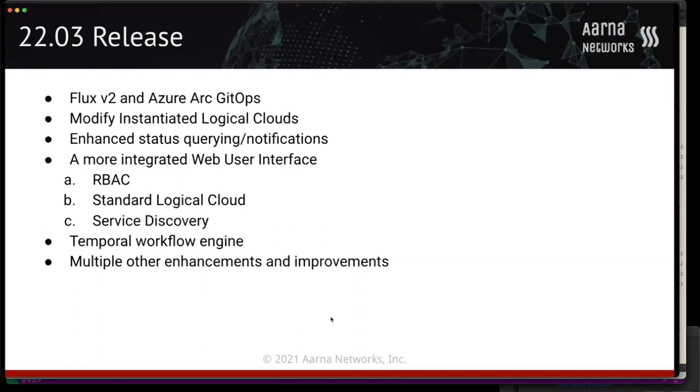This is an enhancement. The third one is again an enhancement in the status query and notification part. In Emco, the status of the resources created by Emco is provided by an agent called the monitoring agent, which is deployed in the target clusters along with the applications that we orchestrate, and it monitors the Kubernetes resources that are created.